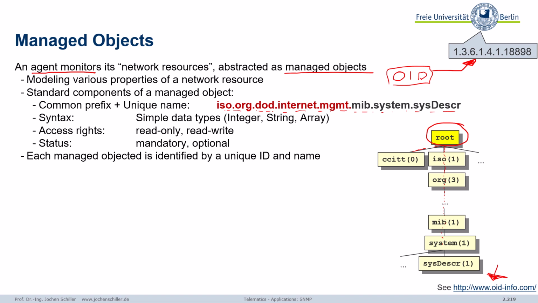So managed objects have a unique identifier, either in this dot notation, so that is one way, or you can also say iso.org.etc.mib.system, whatever. That's maybe more human readable, but for the machines 1.3.6.4 etc. that's also fine. So that's the idea, first of all, of a unique name.